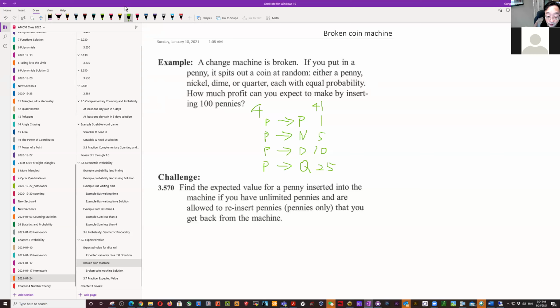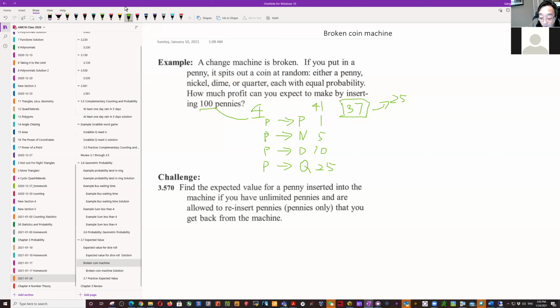So you are making 37 cents of profit from 4 pennies. For 100 pennies, it's 25 times, because if you scale up 4 coins by 25 times, the profit will also scale up by 25.